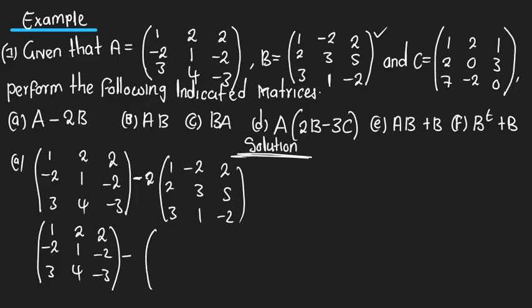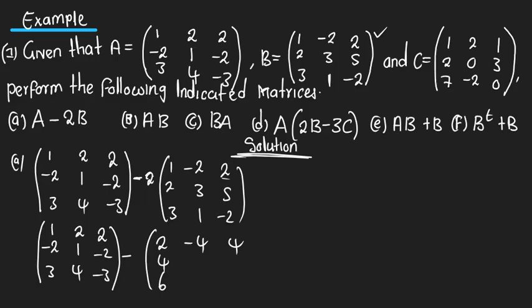this 2 is going to multiply whatever is inside the matrix. 2 multiplied by 1, 2. 2 multiplied by 2, 4. 2 multiplied by 3, 6. 2 multiplied by negative 2 is going to be negative 4. 2 multiplied by this 2 is going to be positive 4.